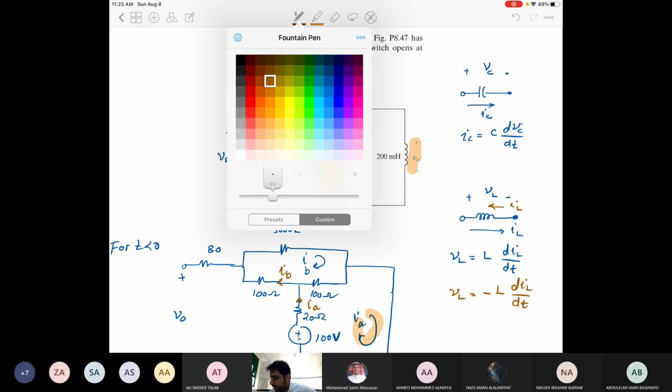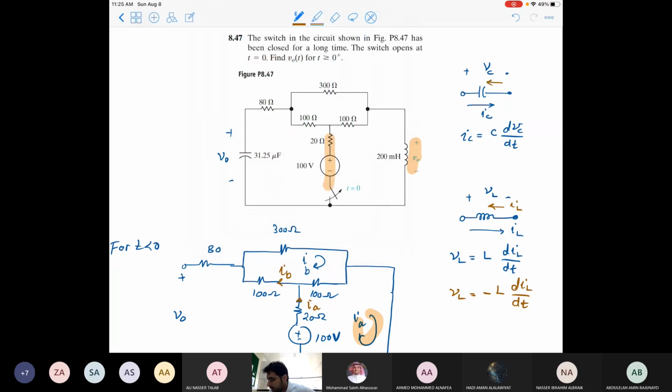If the current is flowing in the other direction, you will get the negative. Do you agree with me on this?